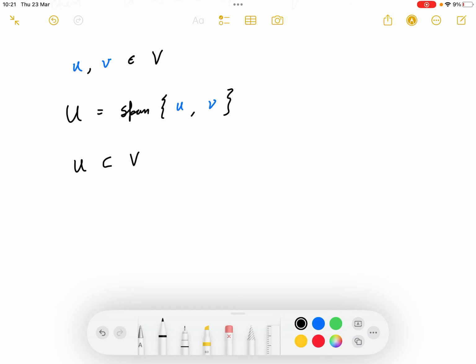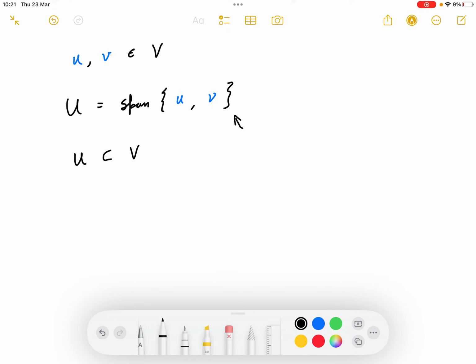But that's kind of obvious. Let's say X and Y are in U. Then we know that everything in the span is just a linear combination of U and V. So there is alpha 1 U plus alpha 2 V, and this is equal to X. These alphas are just numbers.